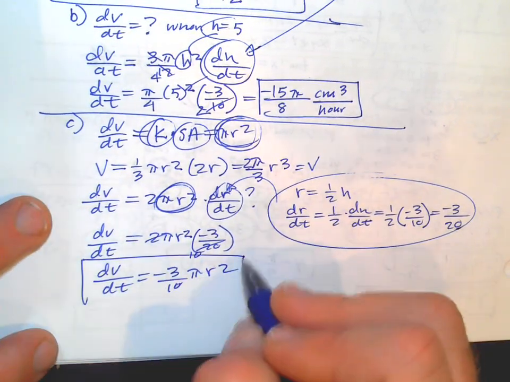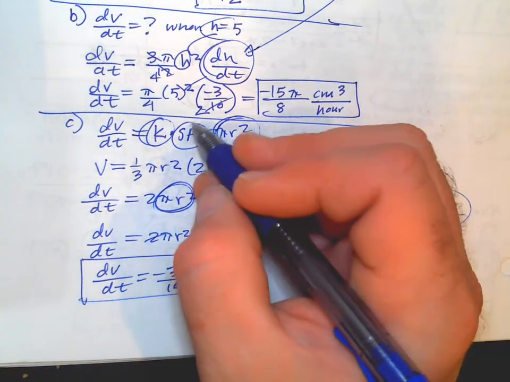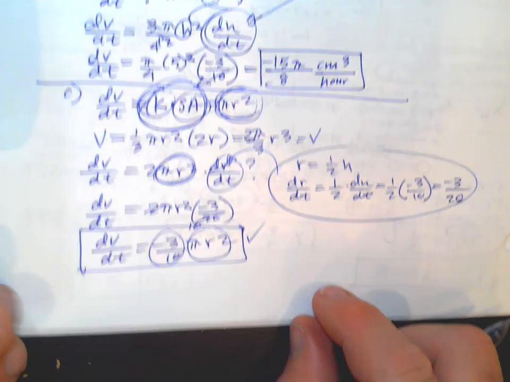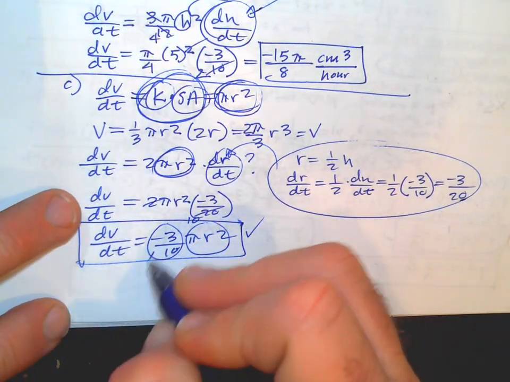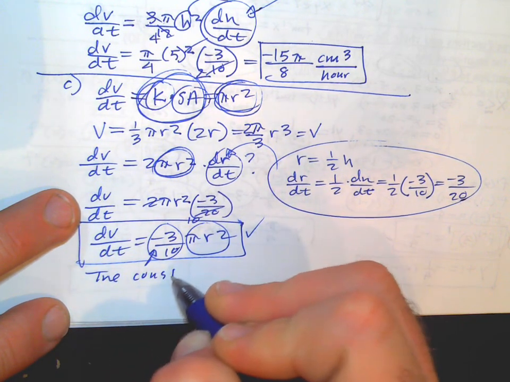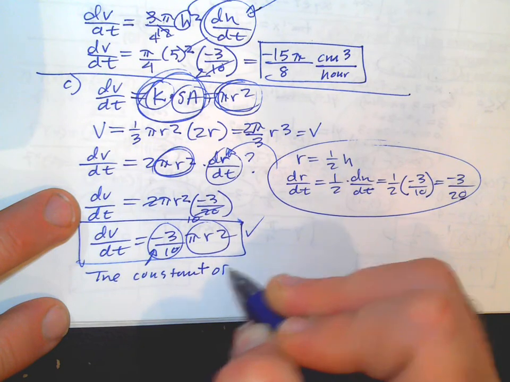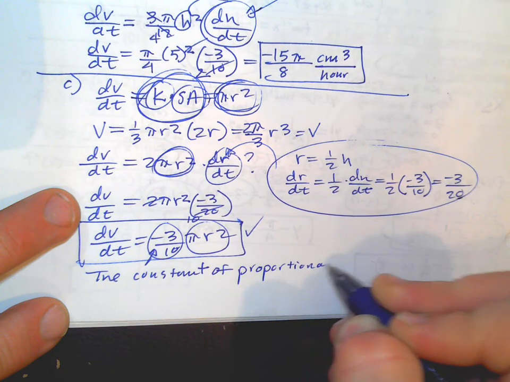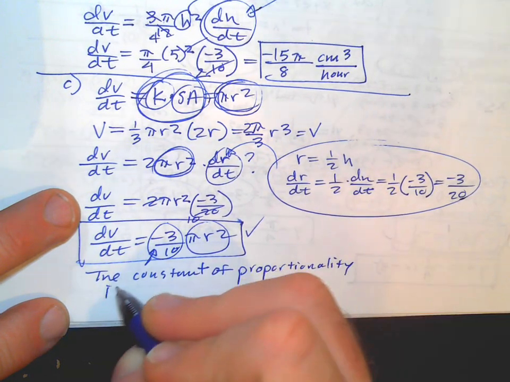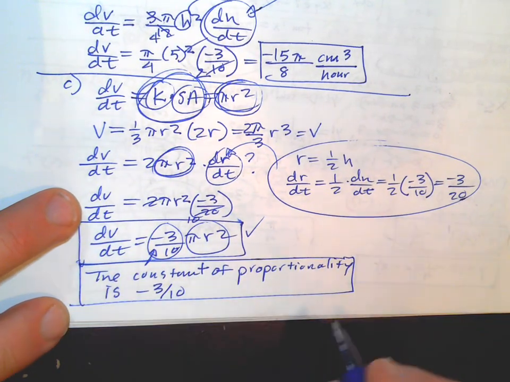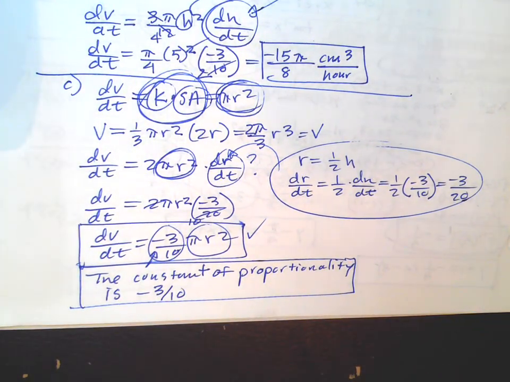Now, by the way, we've confirmed that it is directly proportional to the surface area of the water. The constant of proportionality is this value. So we could say the constant of proportionality is negative 3/10. So there you go. That's it.